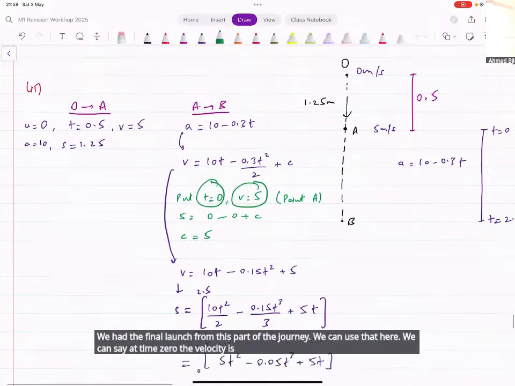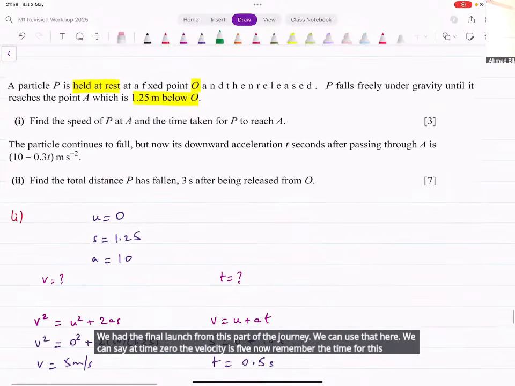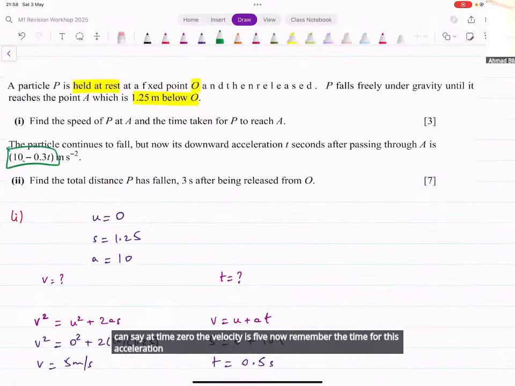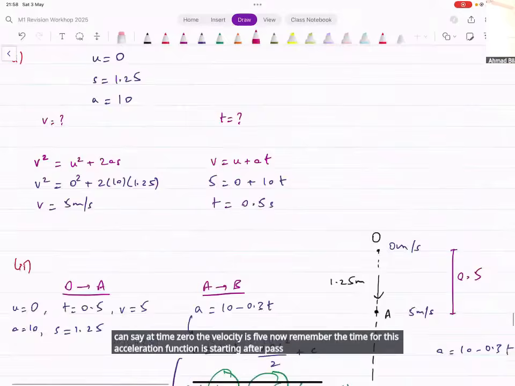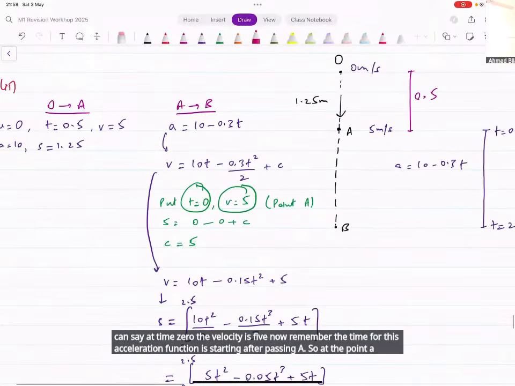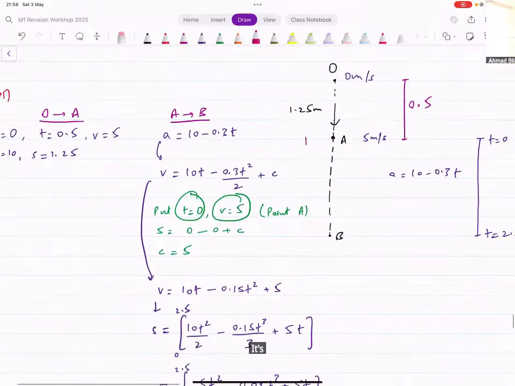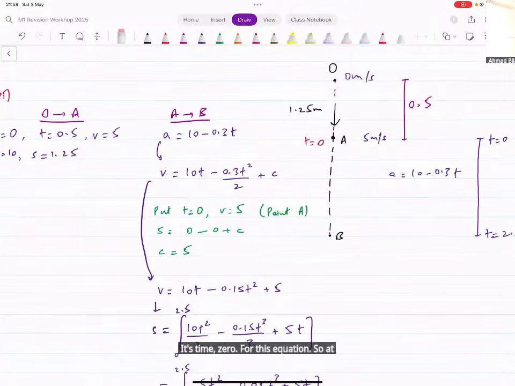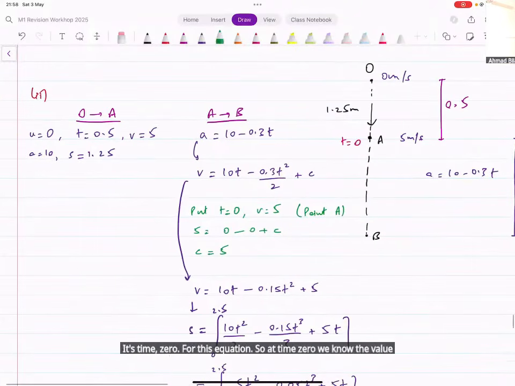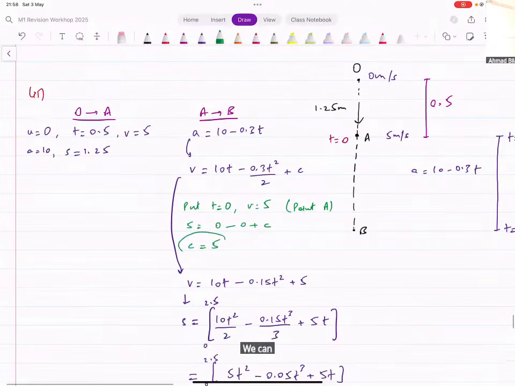Now, remember, the time for this acceleration function is starting after passing A. So at the point A, it's time 0 for this equation. So at time 0, we know the value for velocity is equal to 5. We can input that here to find the value of the c.